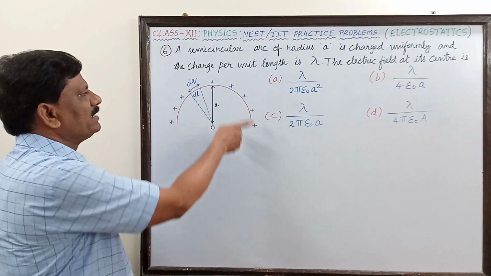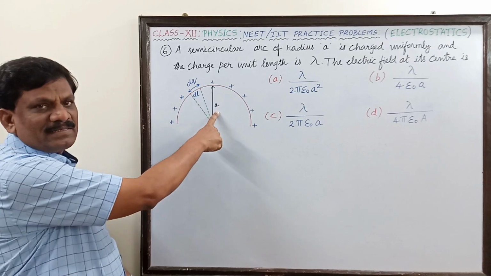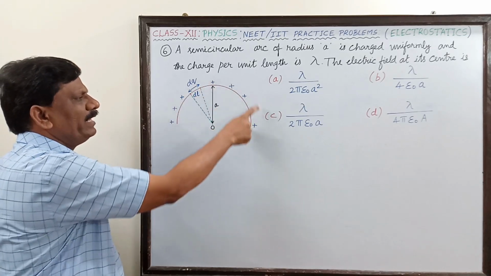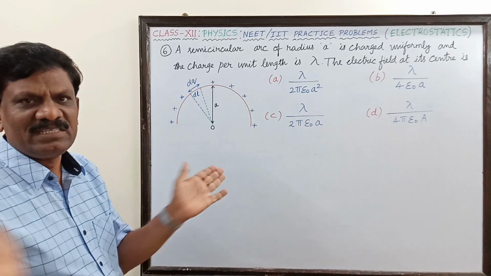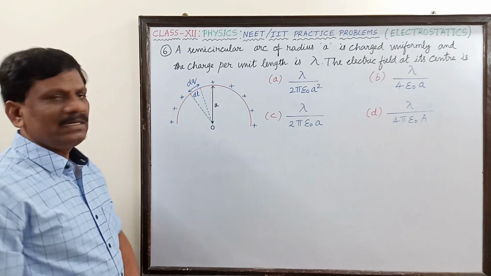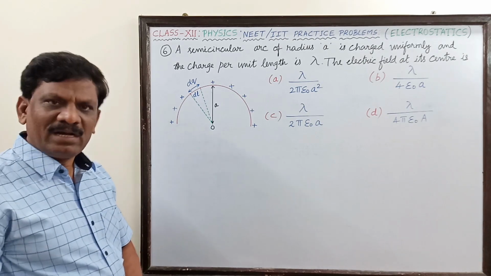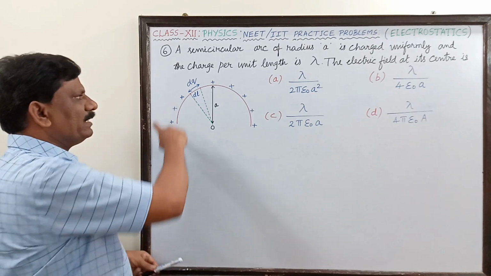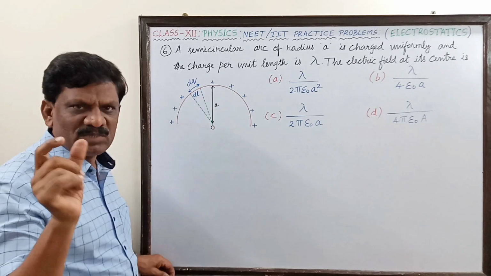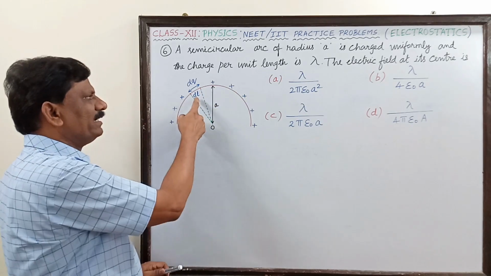So look at this semicircular arc whose radius is small a. Now the charge is uniformly distributed on this semicircle, so that the charge per unit length will be constant anywhere. In the entire semicircle, a small portion which is called a small element, I will consider.